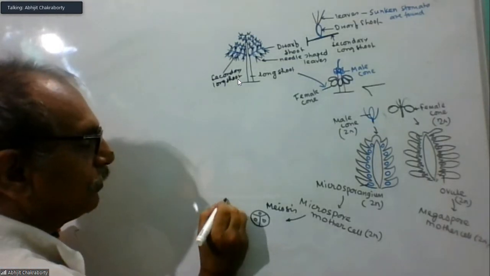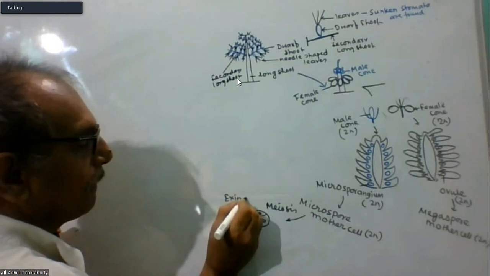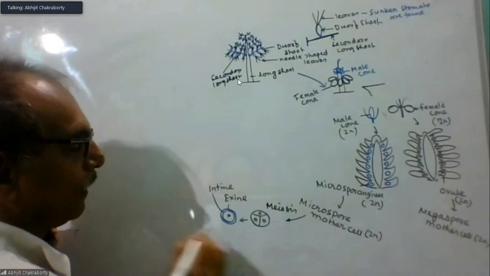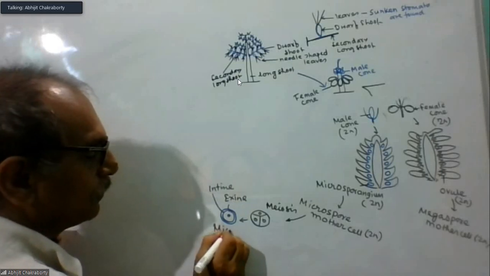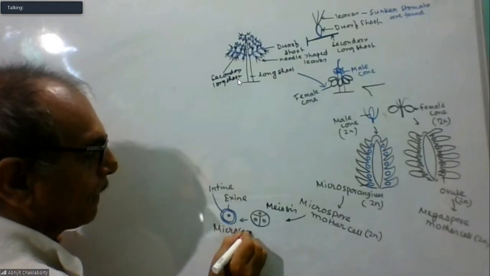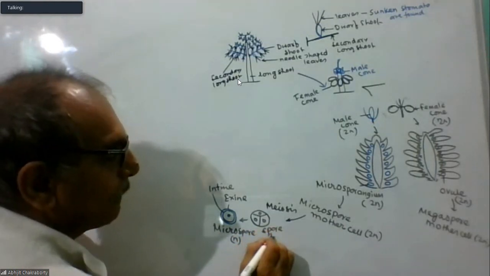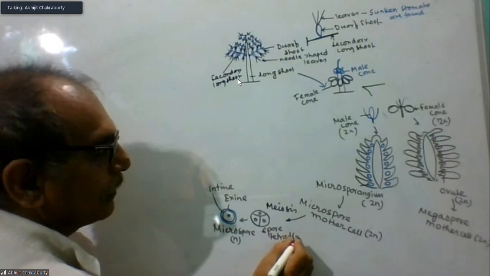Outer coat called exine and inner one called intine, and this is the microspore, and this is spore tetrad.